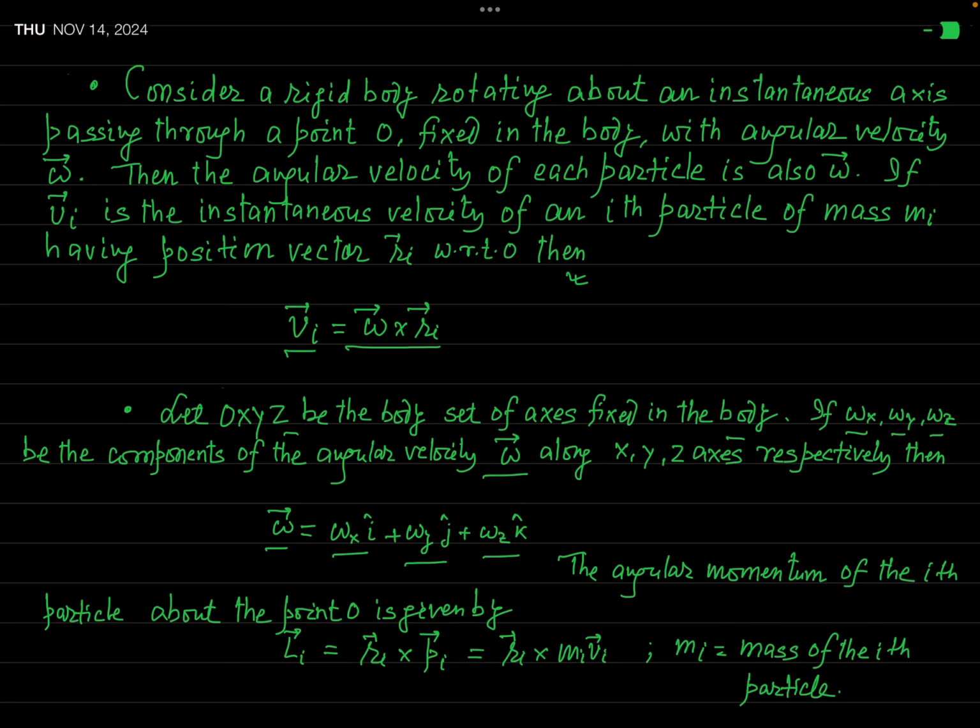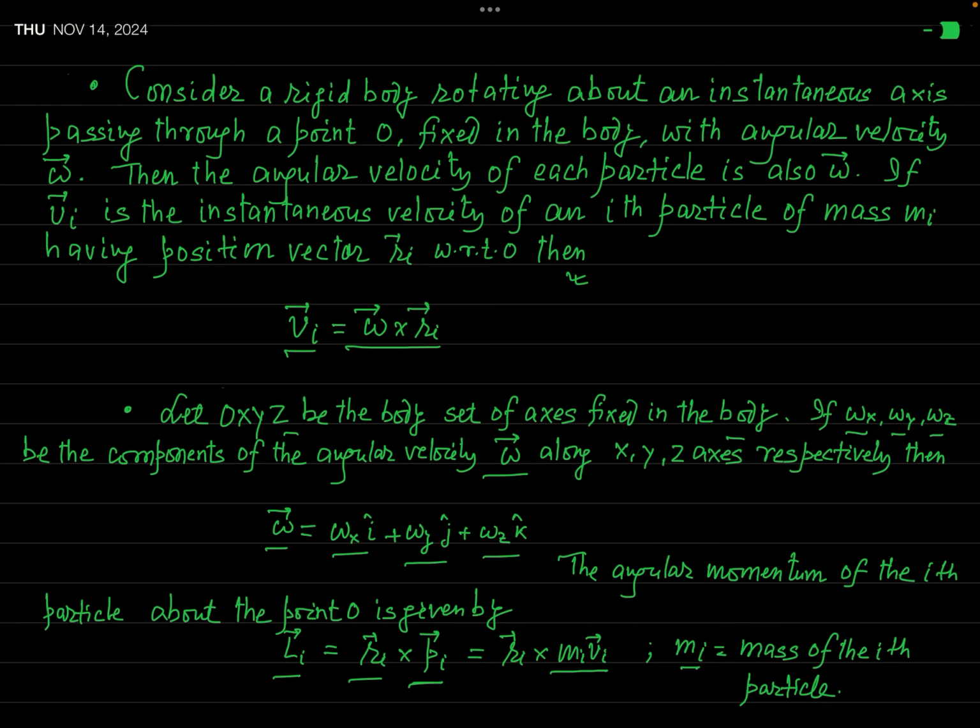So L is the vector product of position vector R and linear momentum P. For the ith particle, Li is defined as Ri cross Pi, where Ri is the position vector of the ith particle and Pi is its linear momentum. But linear momentum is simply the product of mass and linear velocity. So instead of Pi, you can write mi vi, where mi is the mass of the ith particle.